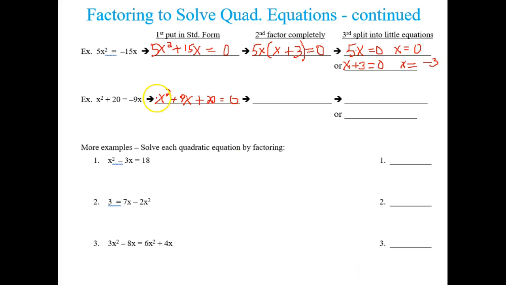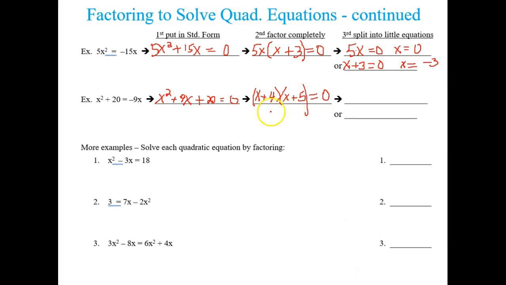Now, because we have a 1 in front, we can look for the factors of 20 that add up to 9. Well, 4 and 5. So in my parentheses, it would be x plus 4 and then x plus 5, and then equals 0.